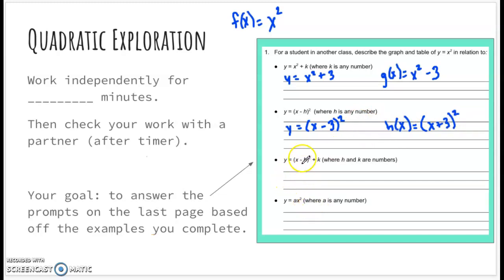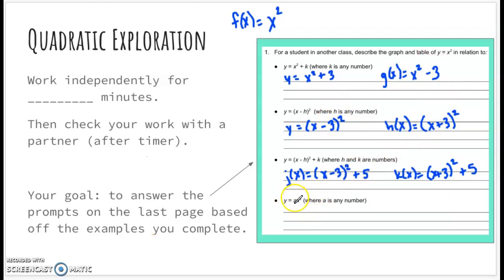Then hop on to Desmos again, except now you've got an even bigger formula: j of x equals x minus 3 squared plus 5, and then maybe k of x equals x plus 3 squared plus 5. So now you're combining transformations is what we're talking about here.